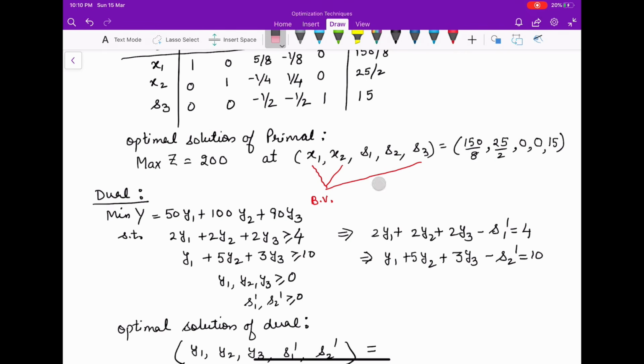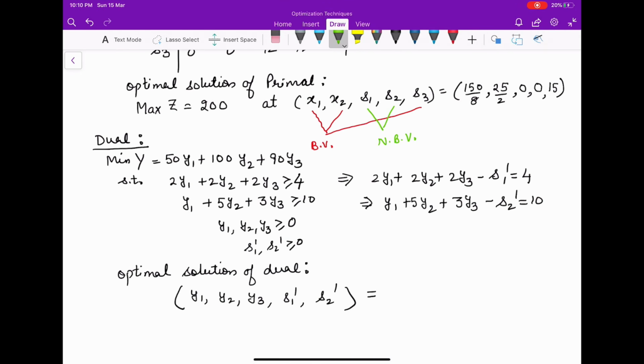Yes, so these two are non-basic variables. So from the basic variables we are going to write these values. If I only look at x1, x2, s1, s2, s3, because x1 is a basic variable, my corresponding s1 dash is 0.